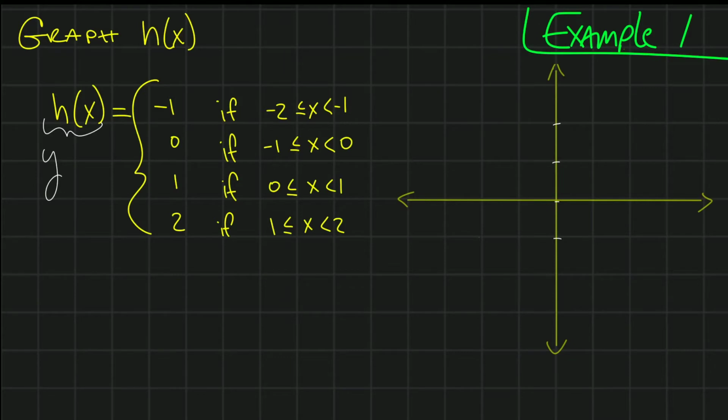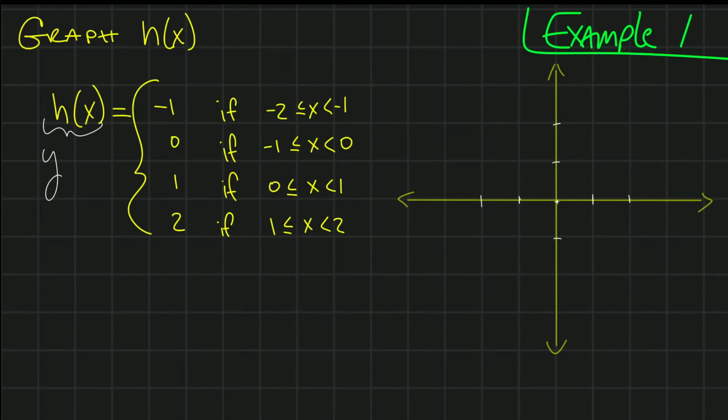For our x values, we're going to be going from -2 all the way up to 2. So we have -2, -1, 0, 1, and 2. So our graph is going to be defined within that space. So all we're going to do now is just define the x and then relate it to the specific y.